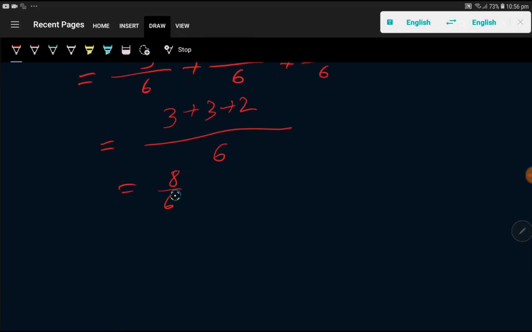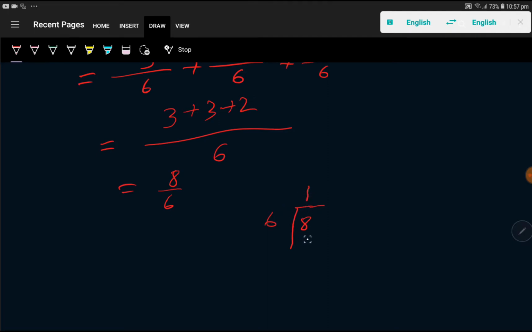But this is an improper fraction, look, because the numerator is greater than the denominator. So usually if we get an improper fraction, then we try to convert it to a mixed number. So we have to divide 8 by 6. 6 goes into 8 one time.